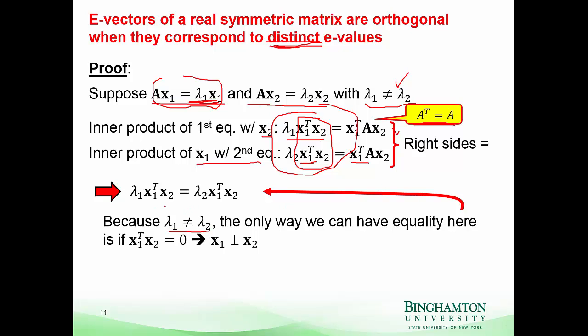So since they are not equal to each other, and we have something times lambda 1 and that same thing times lambda 2, but lambda 1 and lambda 2 are different, the only way that can work is if x1 inner product with x2 is equal to 0. Or in other words, x1 is orthogonal to x2. So look at that. Wasn't that such a nice little slick proof?